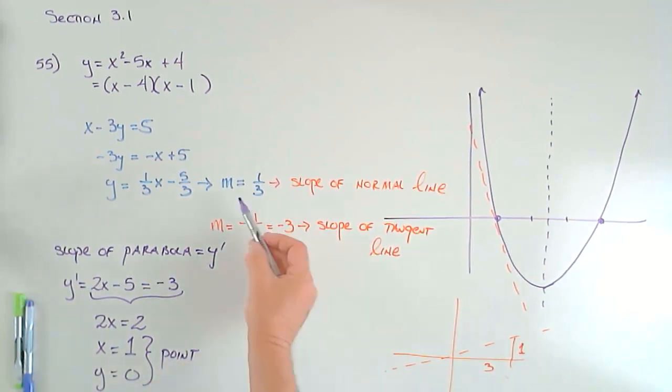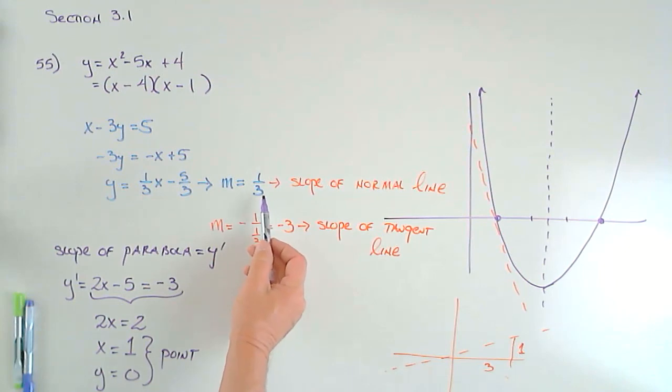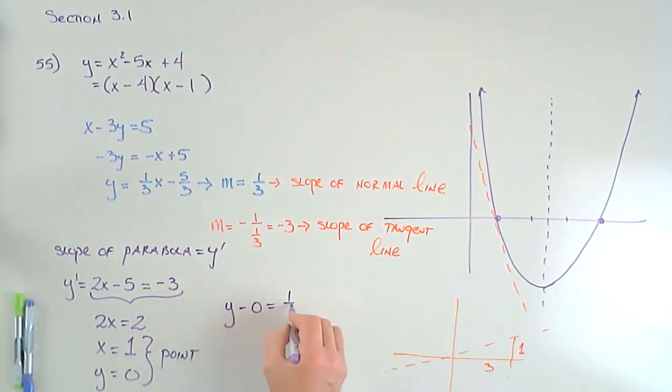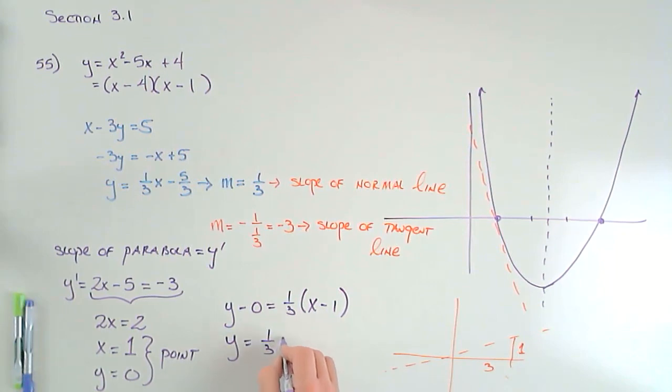And we already know that the slope of the normal line is going to be 1/3. So we get y minus 0 equals 1/3 times x minus 1, or y equals 1/3 x minus 1/3. All these problems are about translating. Okay. Well, that's what I'm going to give you for your video on section 3.1.